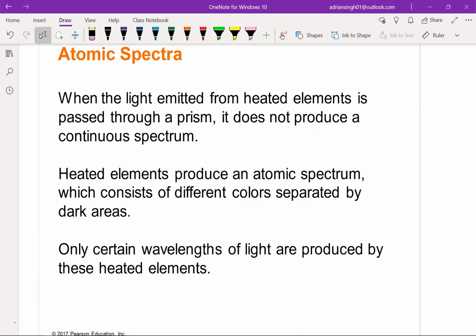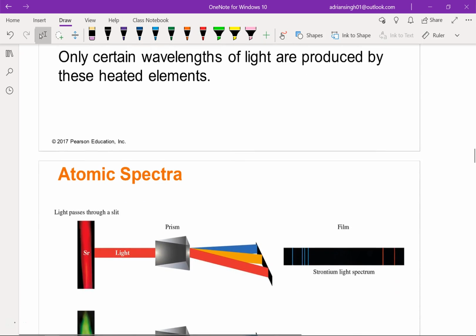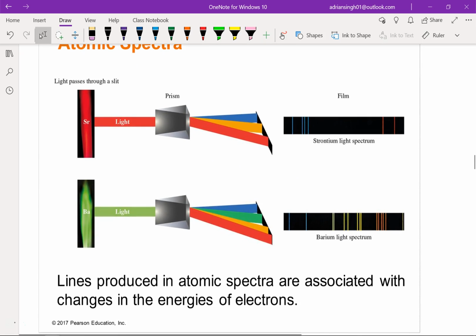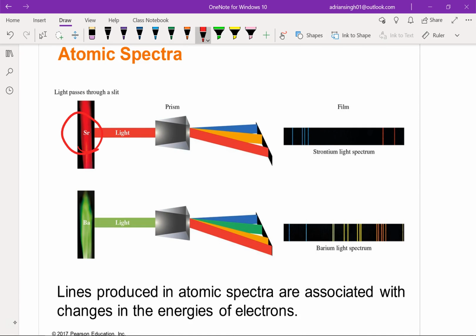So we take advantage of the atomic spectra of elements to try to identify them, and you'll actually be doing this in lab, or you may have already done it in lab, but I'll give you just an example of where this is really, really important. If you have a sample, let's just choose an element like strontium, Sr, and we heat it up.